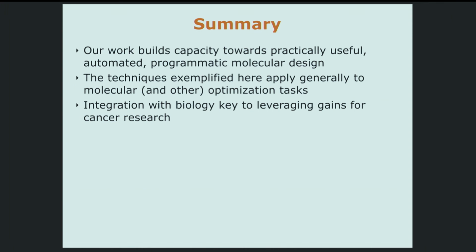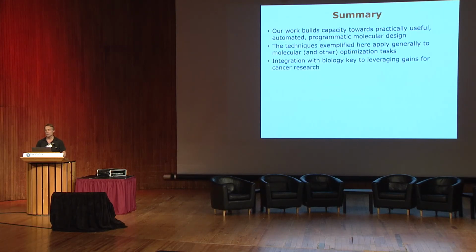The methods here are quite broadly applicable, but were just demonstrated in a simple context. In terms of their utility for cancer research, there are many steps that need to happen, for example, much better integration with our understanding of cancer biology in terms of what to target.